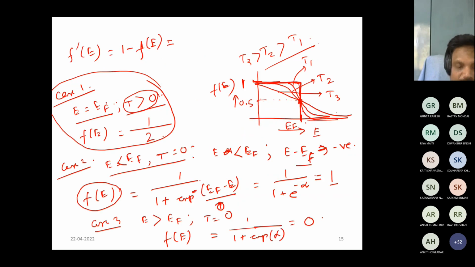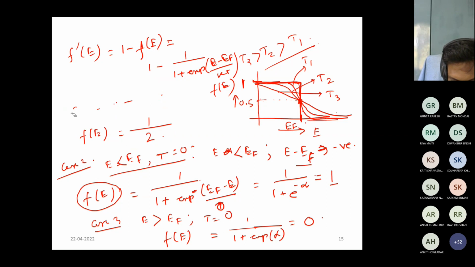So the probability of empty energy states, or holes, is given by 1 minus Fe, and if we simplify it, 1 minus 1 divided by 1 plus exponential of (E minus EF) by KT. What would this value be?